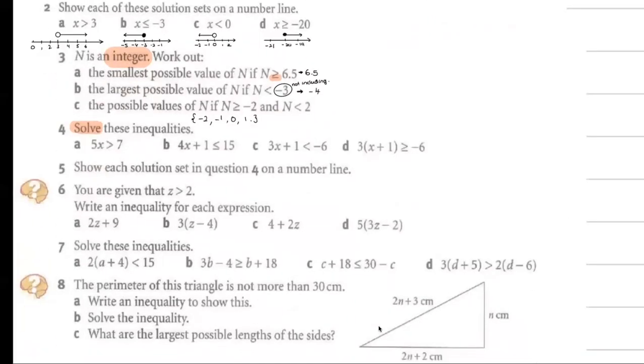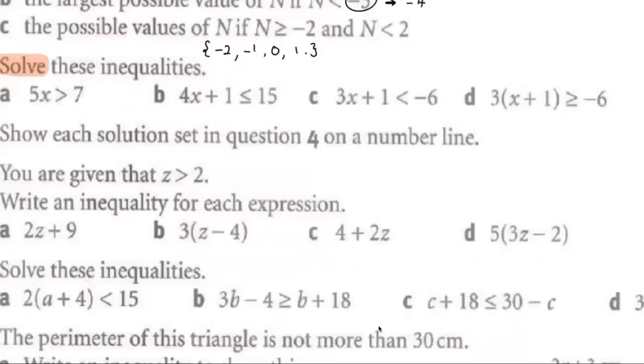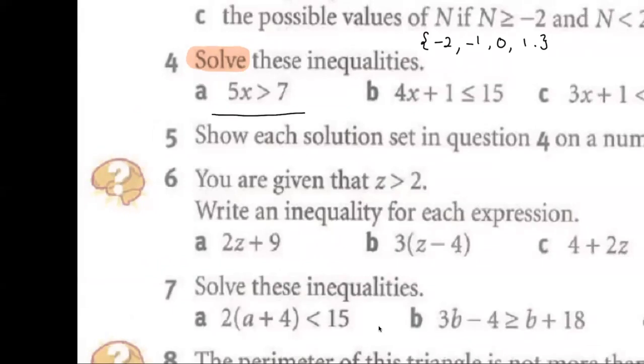Okay. So they ask us to show each solution set in question 4 on a number line. So let's just do this one here, which is 7 over 5. All you do is just draw a line. So 7 over 5 is actually 1.4, between 1.5 and 1.3. So x is more than 1.4. So our answer here is 7 over 5.